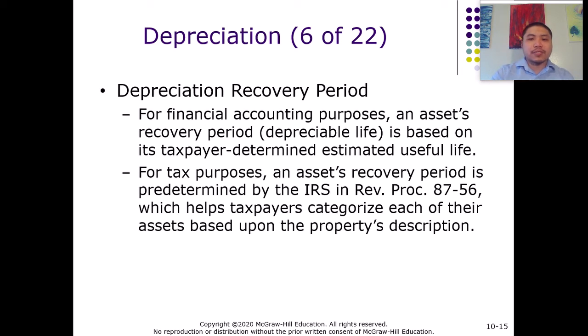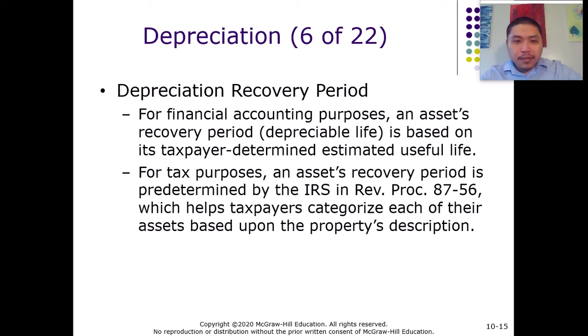So that's the method, right? Now we'll talk about the recovery period. As I mentioned, for financial reporting purposes, businesses have to estimate the useful life of the asset. But for tax purposes, everything is predetermined based on the type of asset.